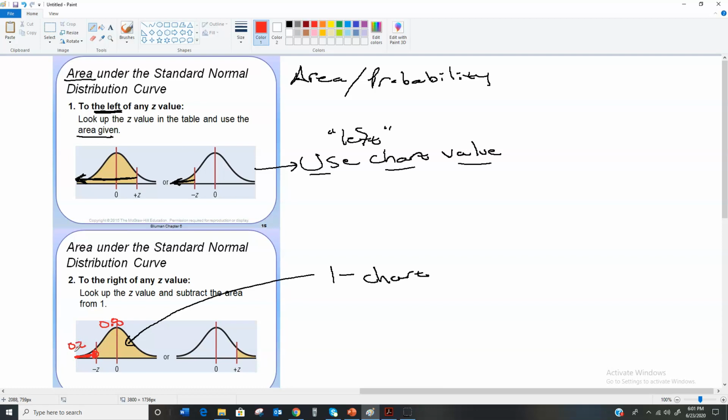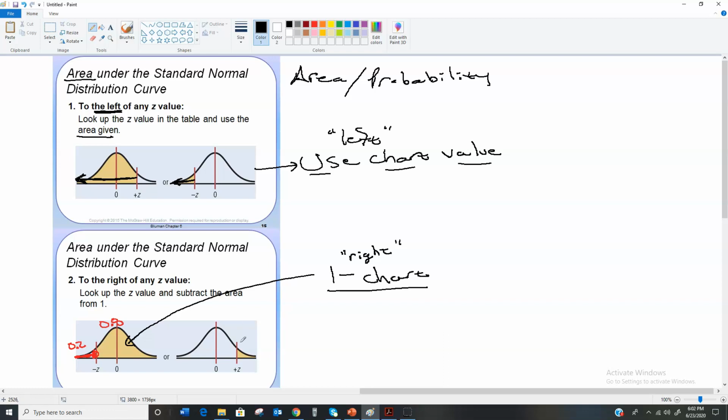So we take 1 minus whatever is to the left, and that will be what's to the right, because altogether it's supposed to be 1. So if you hear above, more than, no less than, higher than, over, any of those words indicating that they want that value and upwards, that value to the right, you're going to take 1 minus the chart value.